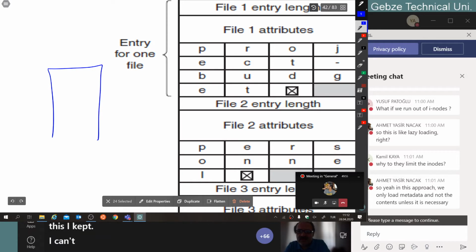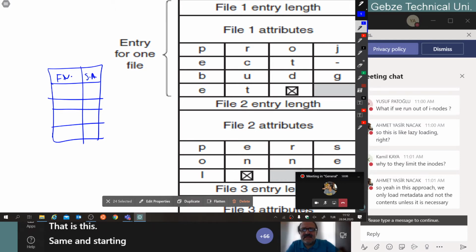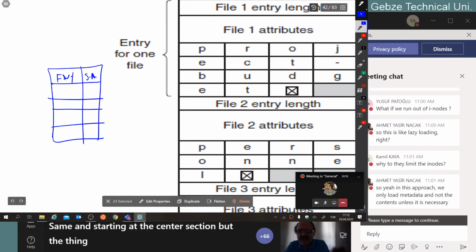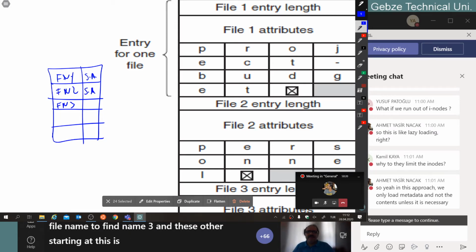I kept drawing pictures like this. I said that there is this file name and starting address, etc. But I assumed that there is file name 1, file name 2, file name 3, and these are the starting addresses. So let's say this is a contiguous allocation file system.